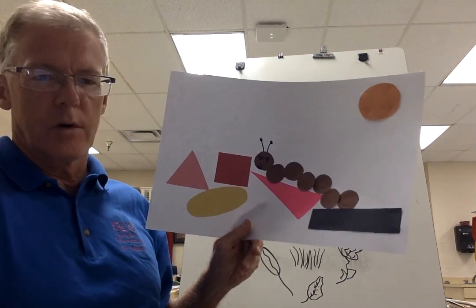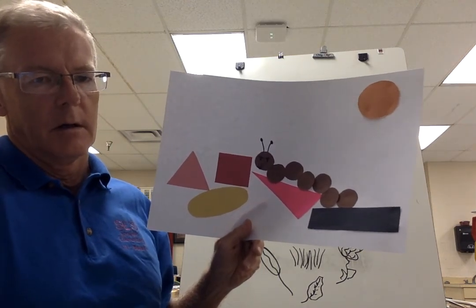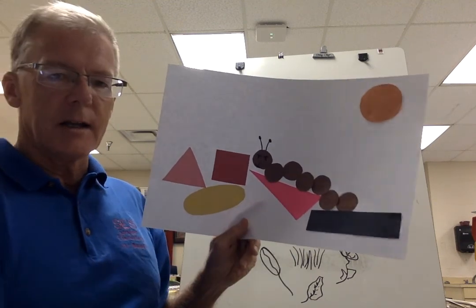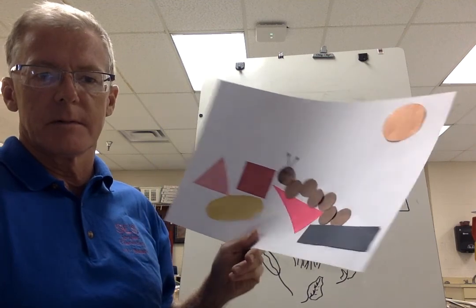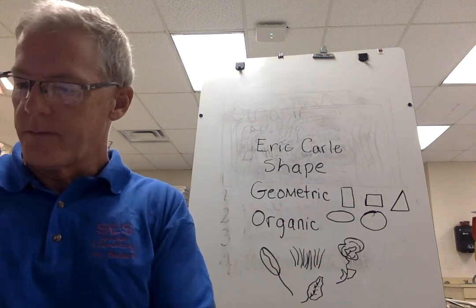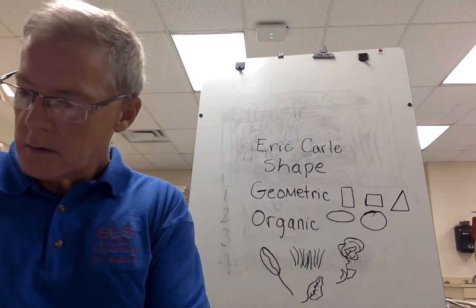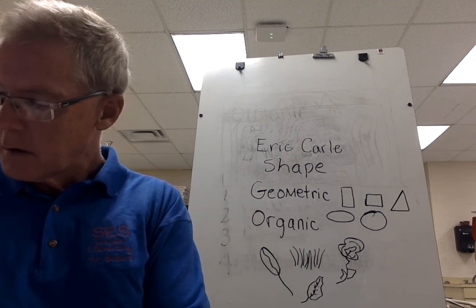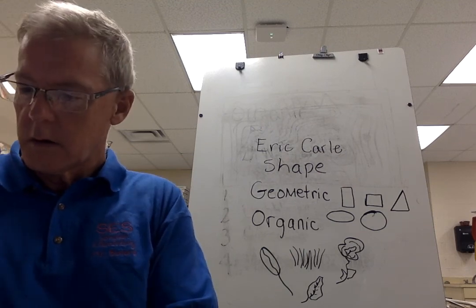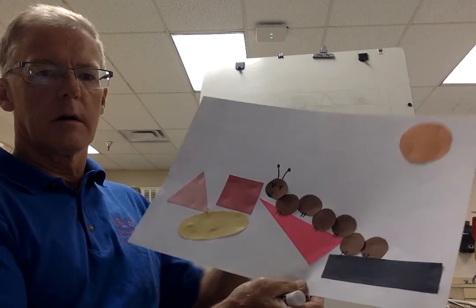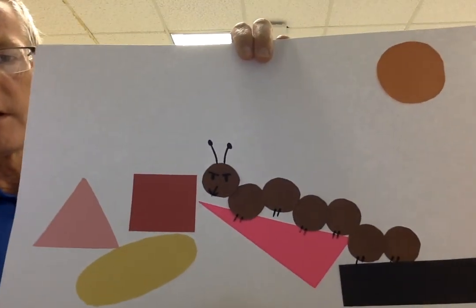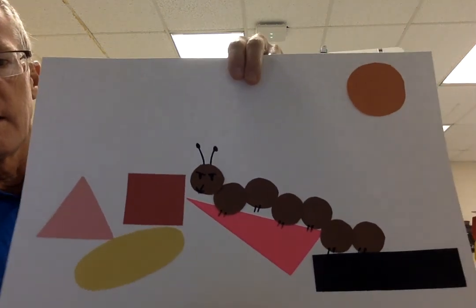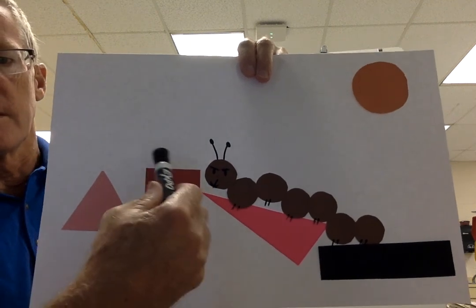He's actually a form, but we'll talk about form later. But for purposes of using this activity, we're going to call him an organic shape, crawling along the geometric shapes. So let me add some feet with my marker. There we go. Can you see those now? So maybe this could be the sun and our caterpillar walking over our shapes.